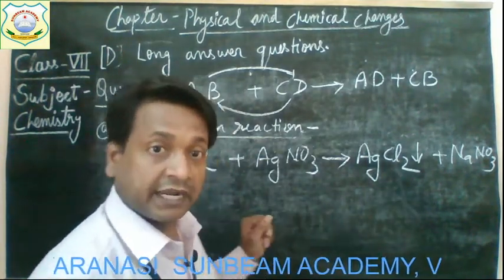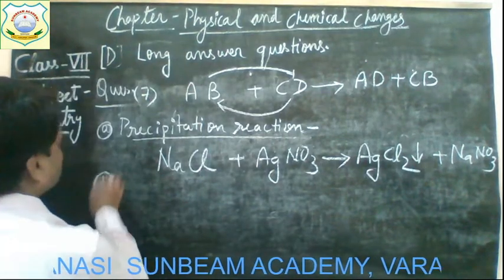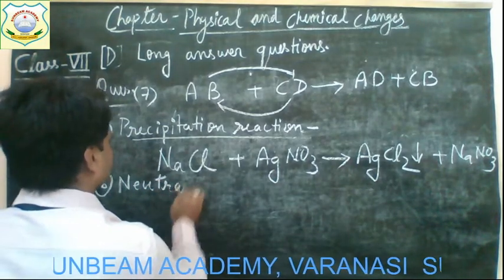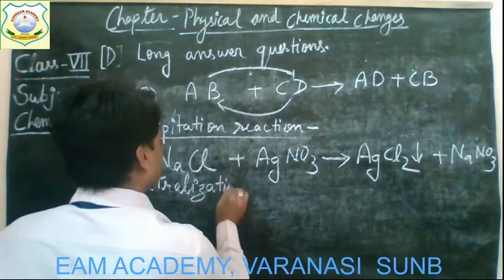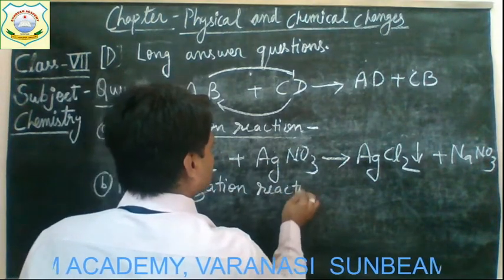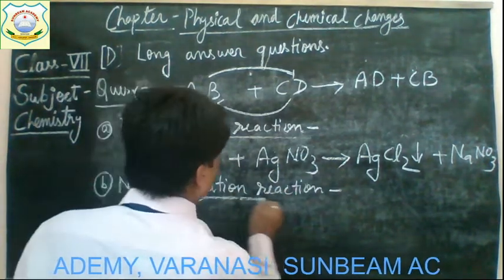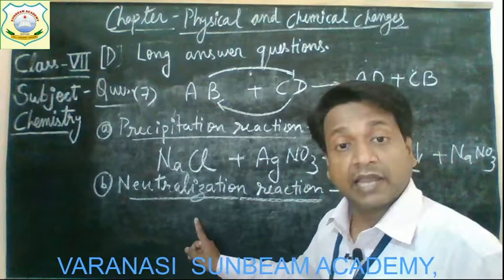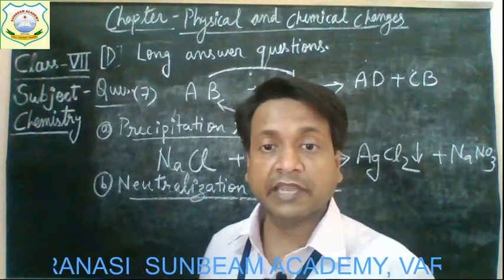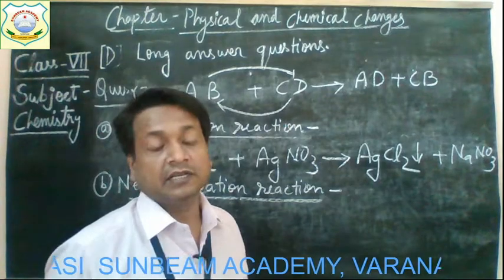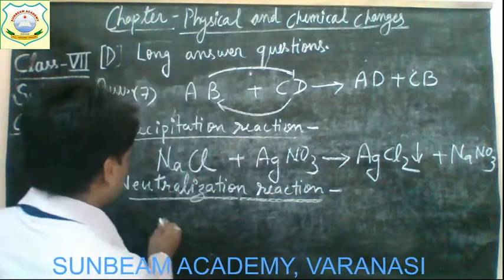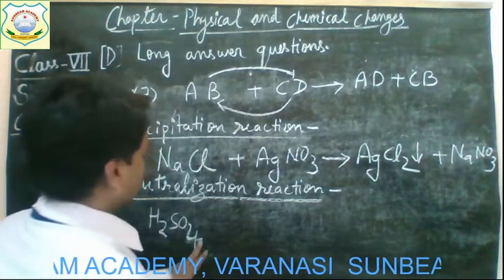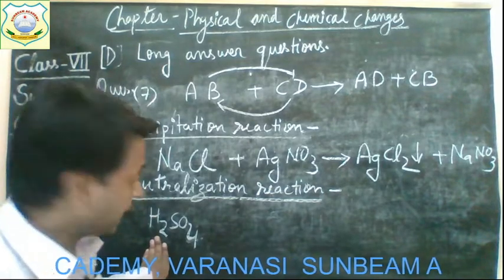Get it? Now the second kind of double displacement reaction is neutralization reaction. Okay, children? Second double displacement reaction is neutralization reaction. And in this neutralization reaction, sulfuric acid reacts with sodium hydroxide. The formula of sulfuric acid is H2SO4.